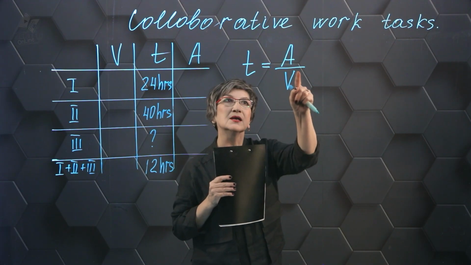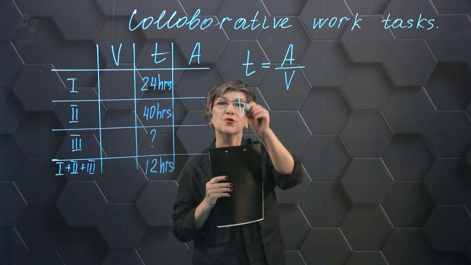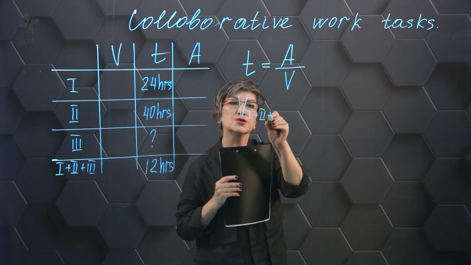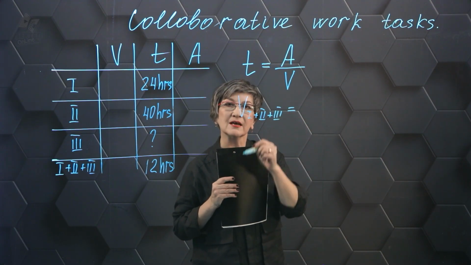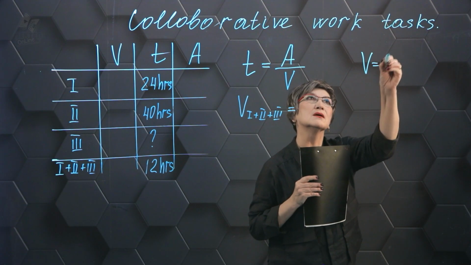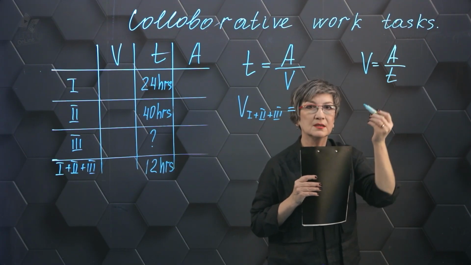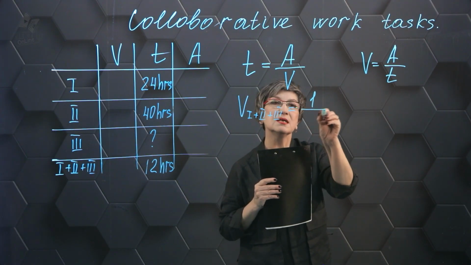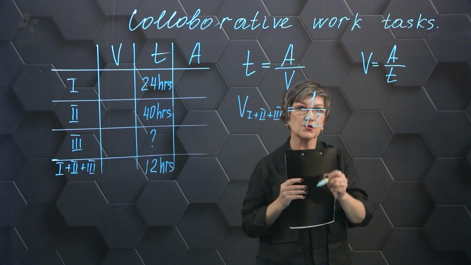So we need to find the productivity of the 3 workers, the first one plus the second worker and plus the third worker. Remember, in order to find the productivity, we have to divide work by time. Then 1 divided by 12 is the productivity of 3 workers.